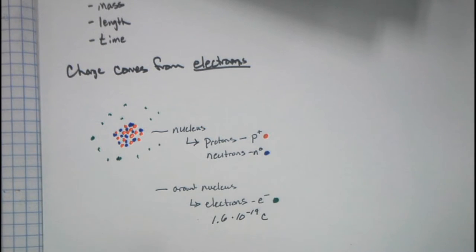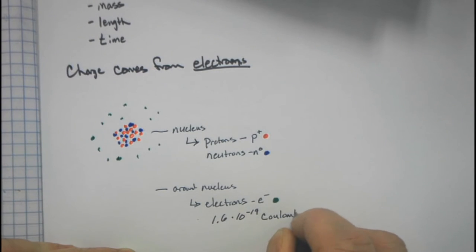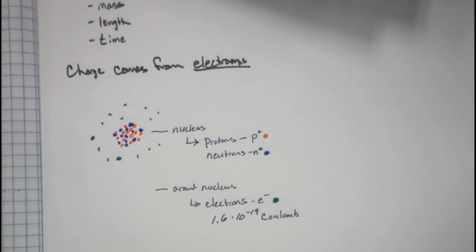It's this: the charge on an electron is 1.6 times 10 to the negative 19th coulombs. Coulombs, C-O-U-L-O-M-B, is a coulomb. It's a French dude.